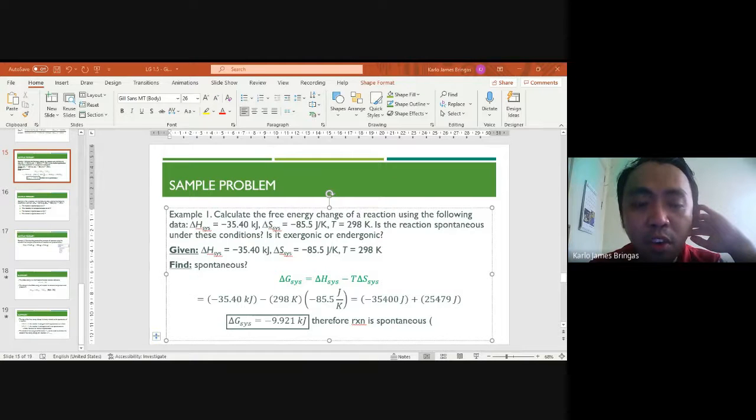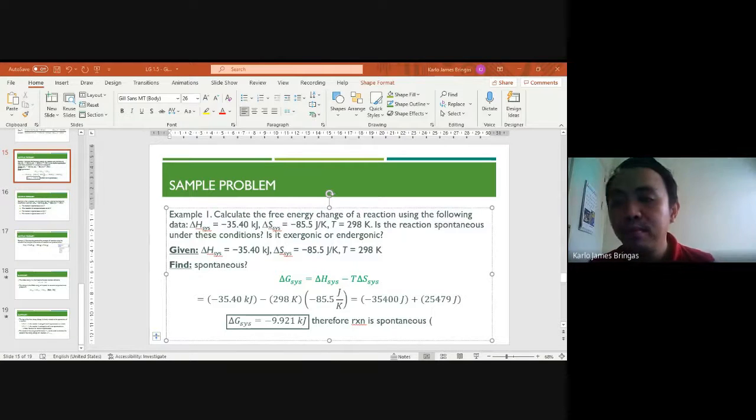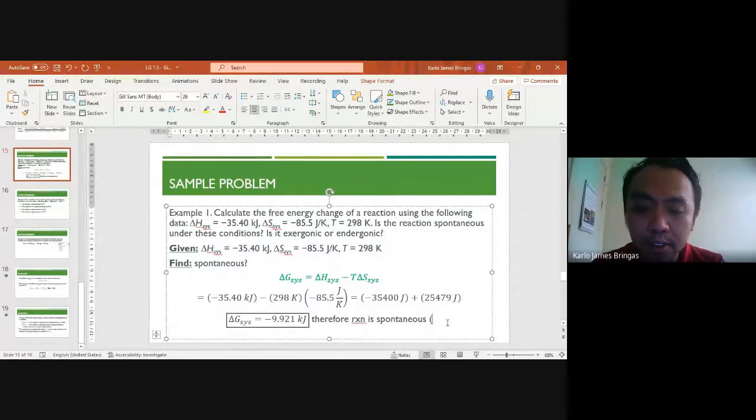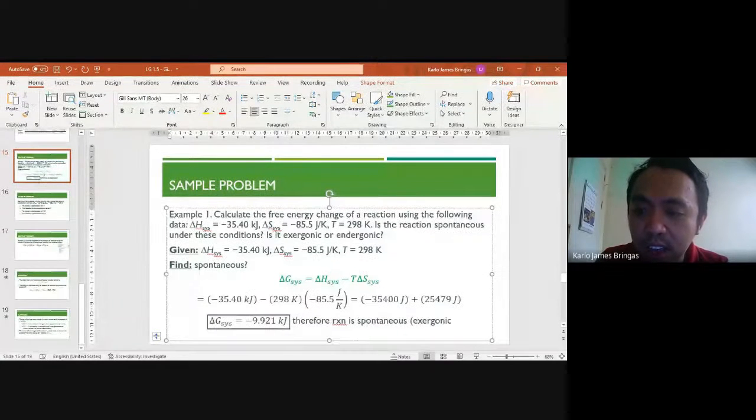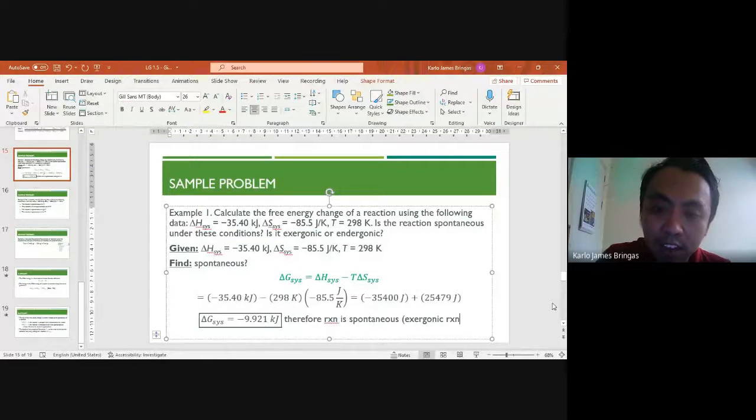So do we have exergonic or endergonic? Based sa sign ng delta G. Okay, so we have the following answers coming in. So all of them agree now we have here an exergonic process. So when you have a delta G that is negative in sign, that gives us an exergonic reaction.